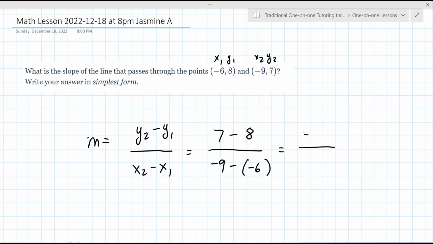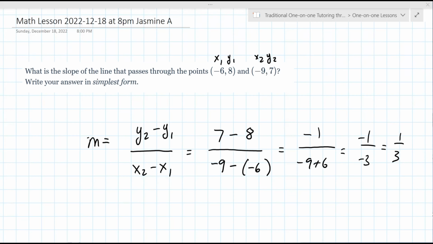So 7 minus 8 is negative 1, and minus 9 minus a minus 6 is minus 3, so negative 1 over negative 3 becomes 1/3. Another way you could do this is to graph the points, but we'll go with that. Any questions on that? No. Okay. I'm going to submit that answer, and then I'm going to go to the next question.